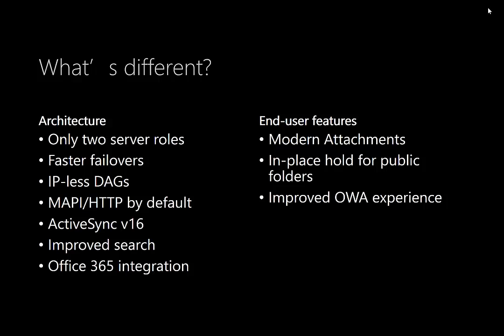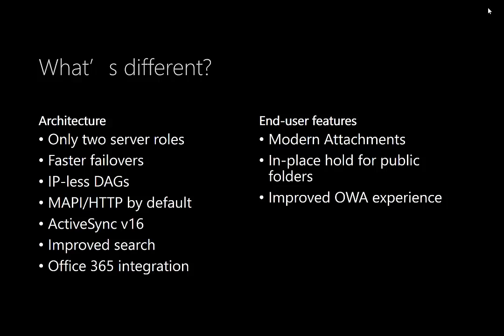Failovers are faster, up to a third faster, which is significant when you consider how short the failover times in Exchange 2013 could be. We can create DAGs that don't have an IP address any longer. Microsoft calls them anonymous DAGs, which means that because you don't have to have a cluster network object explicitly assigned, it's easier to manage DAGs, easier to maintain them, because there's no longer a requirement for you to implement anything on the network side.